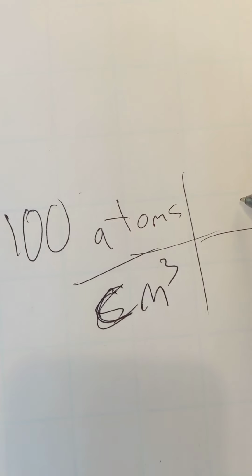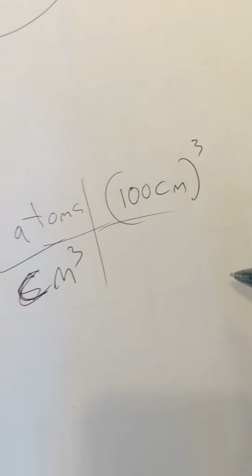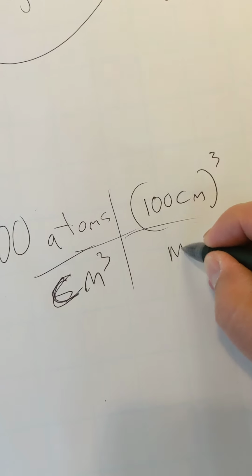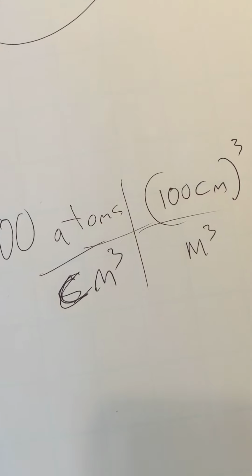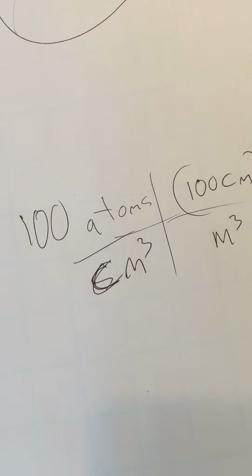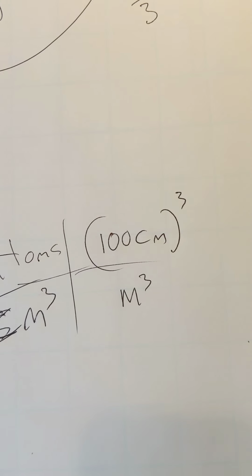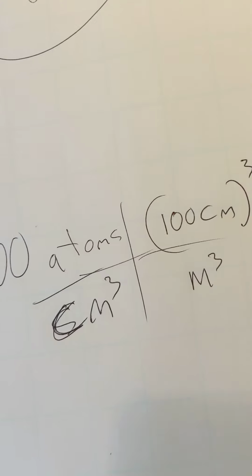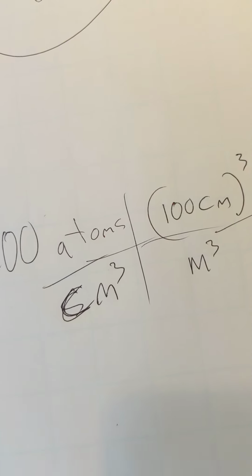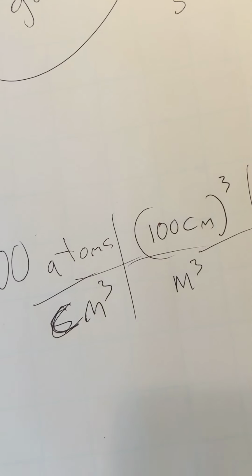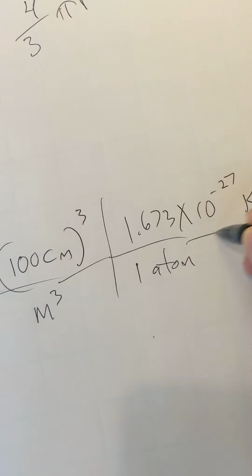All right, so we'll be able to convert that. Per meter is 100 centimeters, so if we cube it, that's meters cubed. Also, for every atom, there's one atom, and it has a mass of 1.673 times 10 to the minus 27 kilograms.